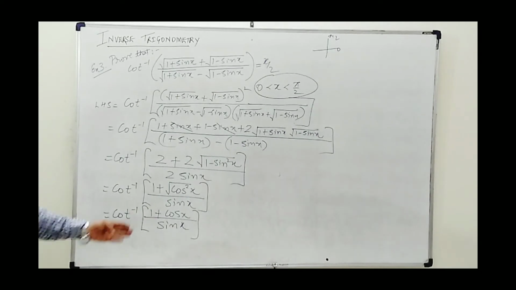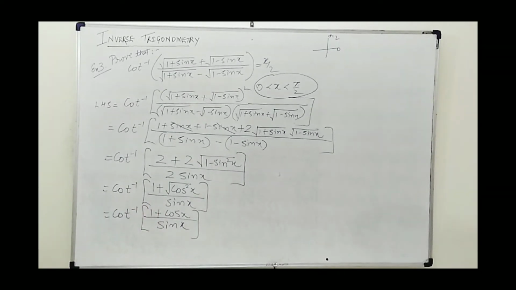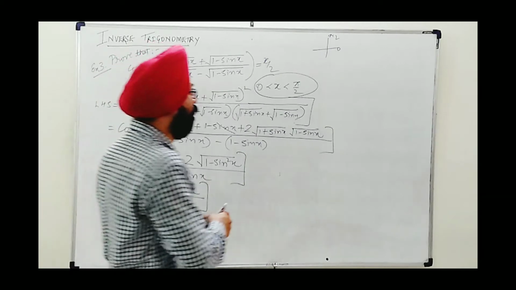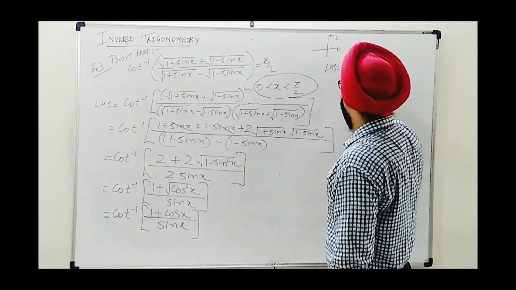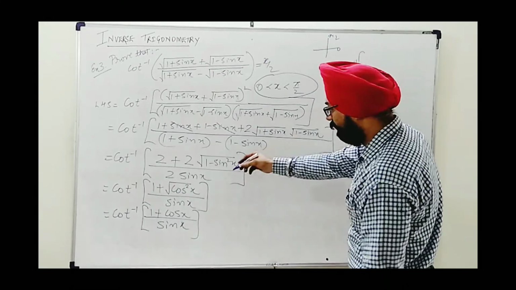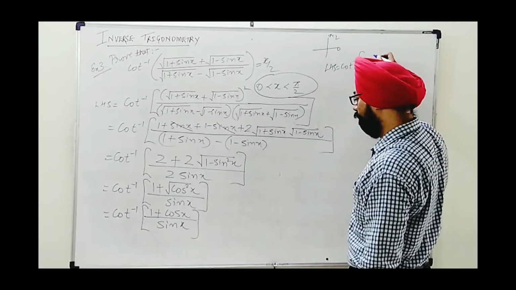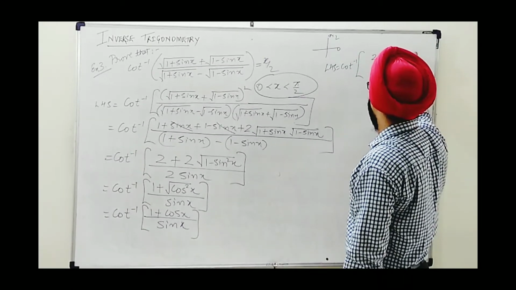By the way, this expression is not new to you now. We have seen it in earlier equations, so we will again do the same thing with 1 plus cos x upon sin x. LHS continues, we have cot inverse, and 1 plus cos x will be written as 2 cos square x by 2.